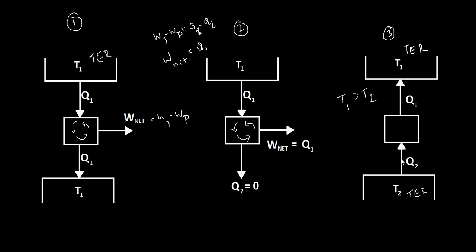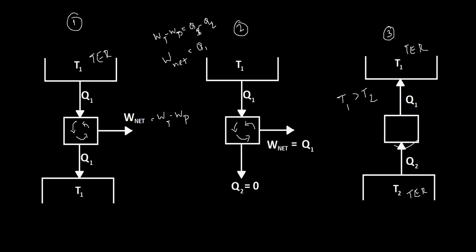We know air conditioners and refrigerators do the same thing. They take heat from a low temperature condition and reject it to a high temperature condition, but we give power input for that system to operate. But as you can see here, there is no input power in the system. So under those conditions, this is also not possible.